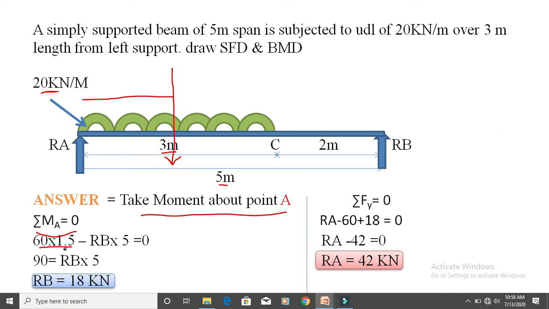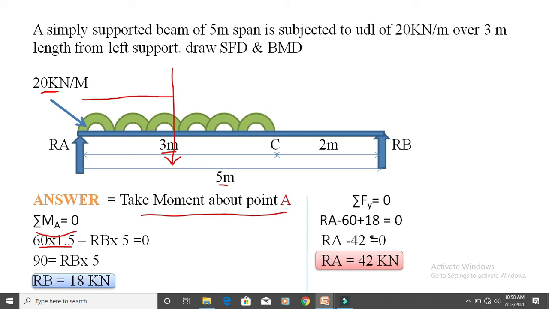And 1.5 comes from converting the UDL into a point load, which is at the center of that UDL distance. Means suppose the UDL distance is 3 meter, so this point load is at the center of that 3 meter, that is 1.5 meter. So from this point load to RA, the distance is 1.5.